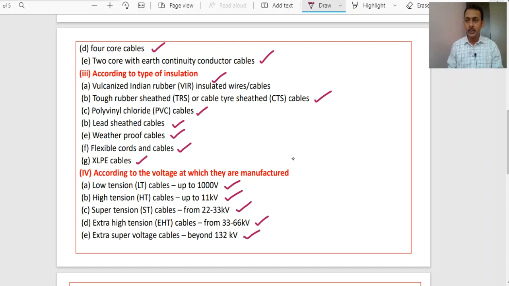So dear students, depending upon the magnitude of the voltage, we have low tension cables, high tension cables, super tension cables, extra high tension cables, and extra super voltage cables. Like this, different types we have.